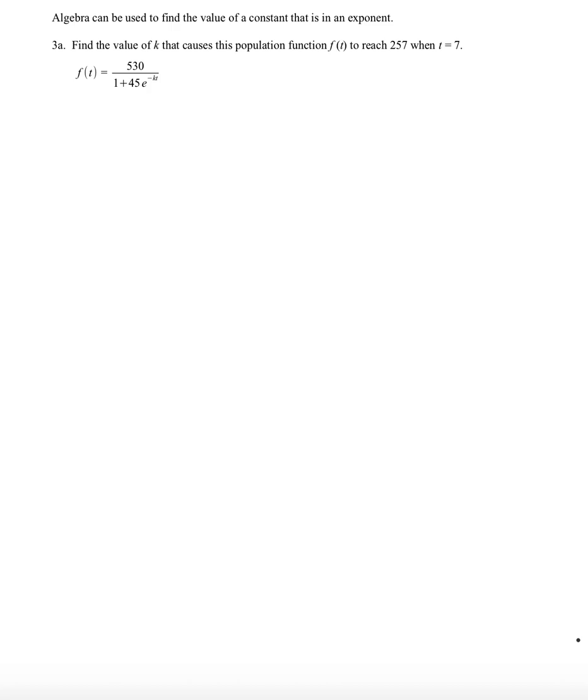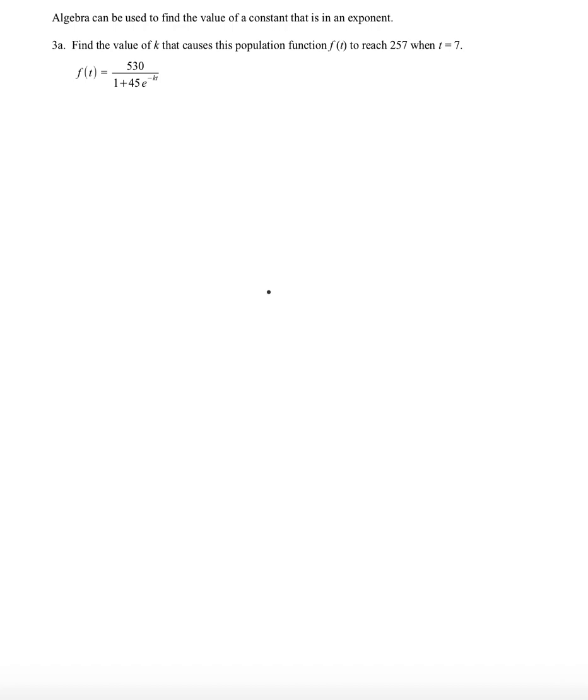All right, could we use algebra here to find the value of k? That's a little tougher. This one's not written in the same form as the previous question. Here it's in the L over 1 plus A e to the negative k t form.